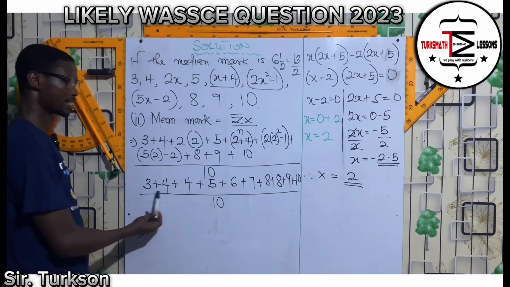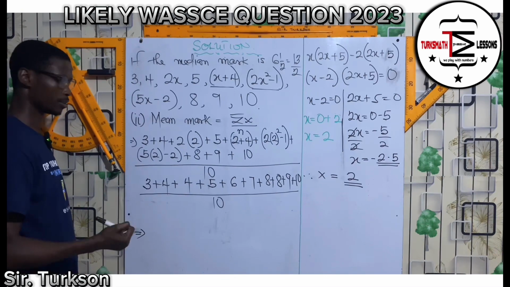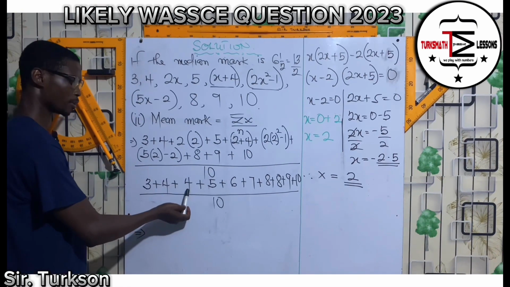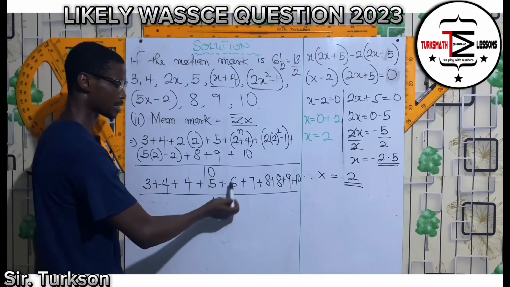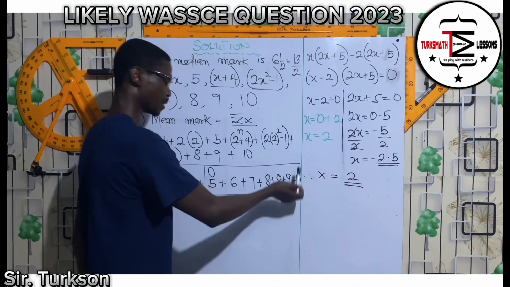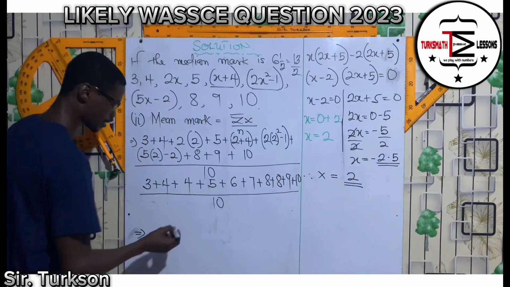So here we are going to find the sum of this. We are going to put this one together, okay? So let's put together very quick. Using your calculators, let's go. 3 plus 4 plus 4 plus 5 plus 6 plus 7 plus 8 plus 8 plus 9 plus 10 is 64, right?